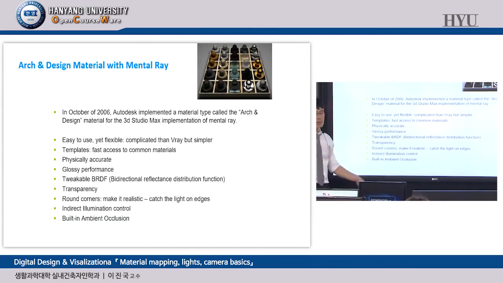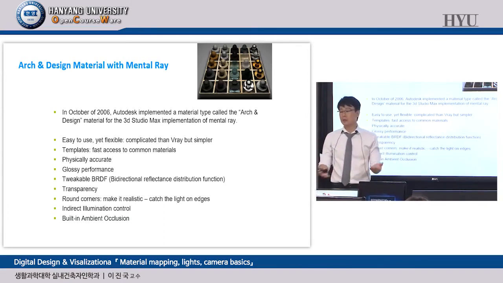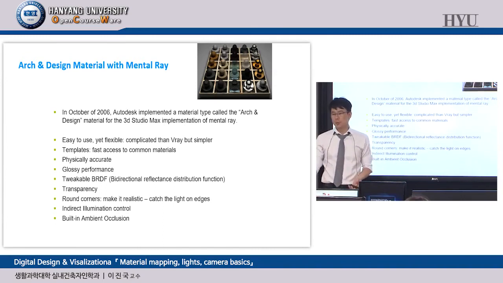This means that even if you have a very sharp edge corner, in the real world there is no very sharp corner edge. You don't need to make it round in geometry. If you use mental ray, you can check the round corner option, and then your render output is going to have round corners. Something very realistic, like a real world object. You don't need to change geometry. Just one of the functions of mental ray.